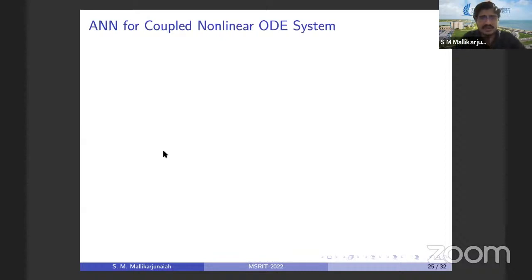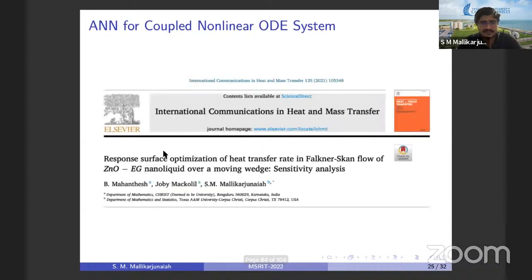Example number 2, as I was saying before, since it's PDE and boundary layer theory, I took one example from this paper by Mahantesh and others, including myself, which appeared in ICHMT in 2021.